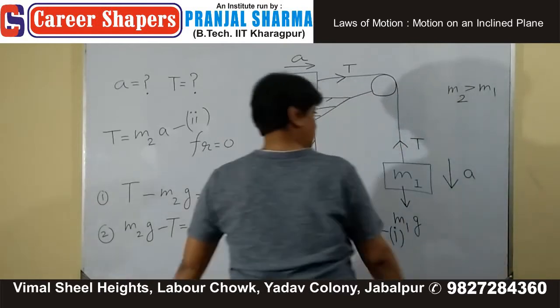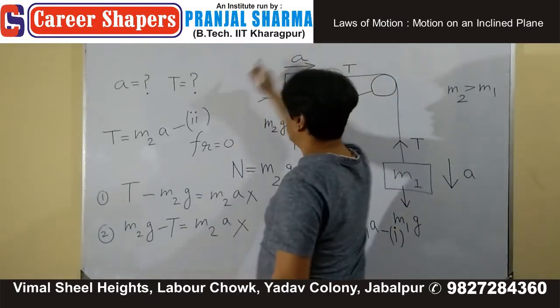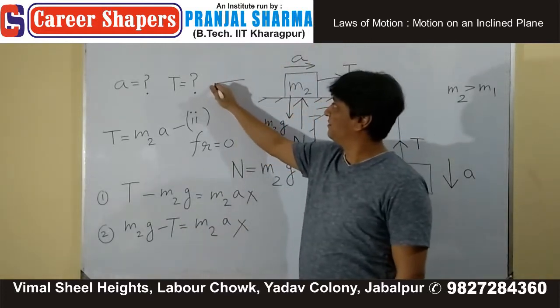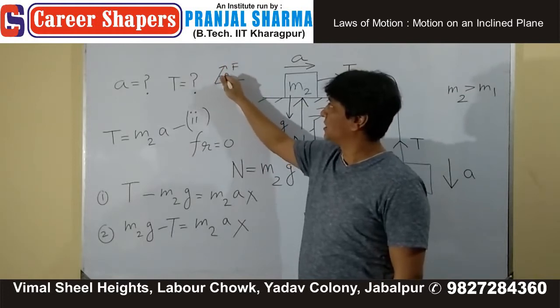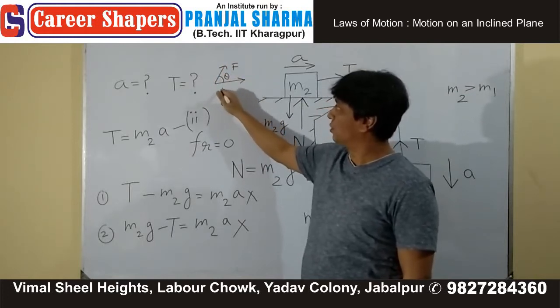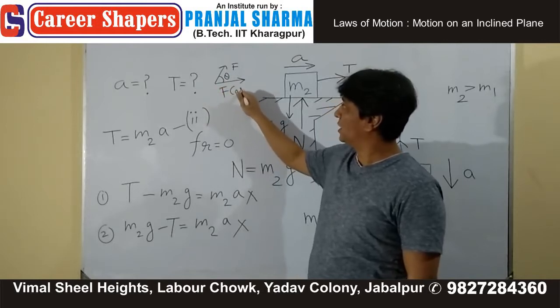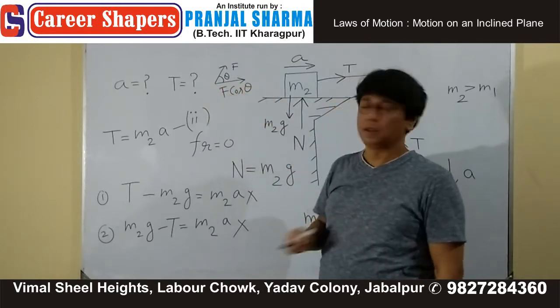If you have a vector F, and this angle is theta, this component, we call it what? F cos theta.